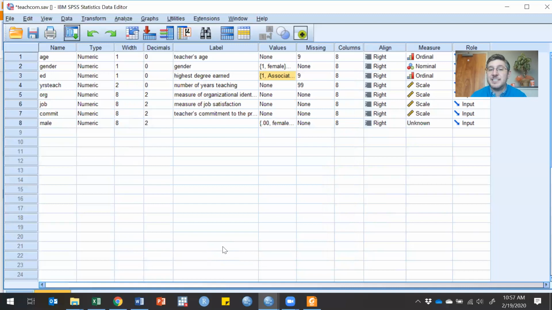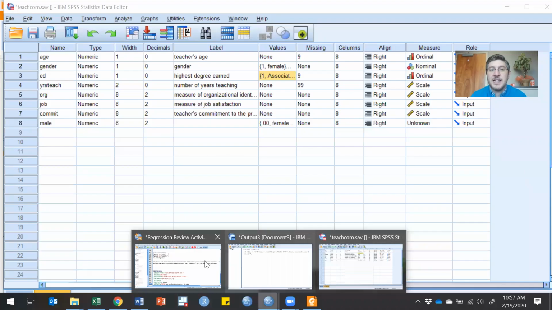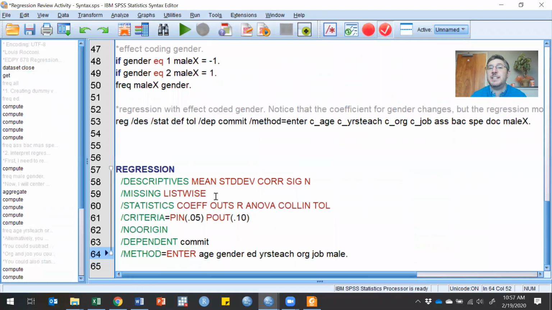So we could paste the syntax into our syntax file, and it'll paste the syntax down here in your open syntax file, usually at the bottom. You can see the command is regression. We ask for descriptive statistics.